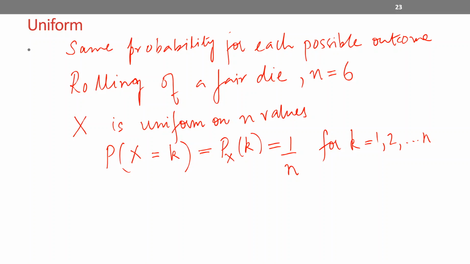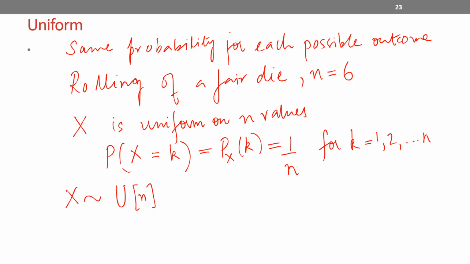Now there is another way of denoting this. It's also called the shorthand. So for example, I can say x tilde uniform n, which means x is uniform on 1 up to n, right?